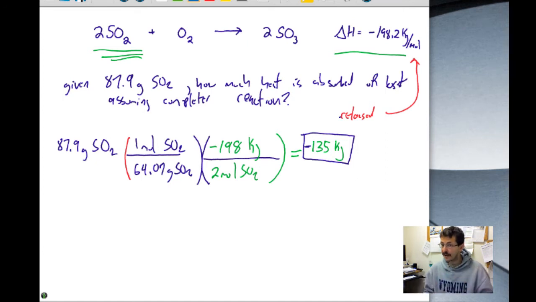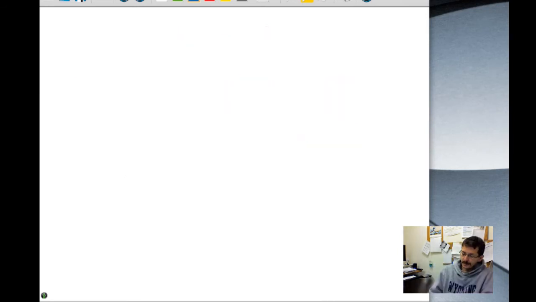If you just wrote 135, though, that would be wrong, because it's not a positive 135. Enthalpy is a stoichiometric quantity, and so we can use this to predict how much heat is absorbed or lost during a reaction. So let's talk about enthalpy change in general.